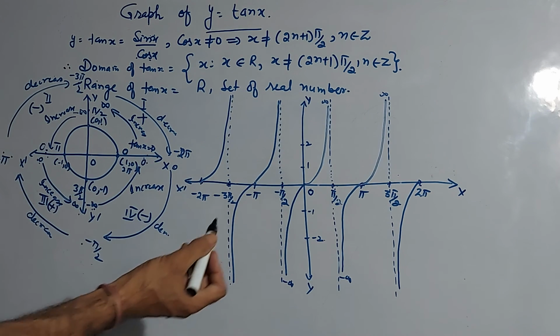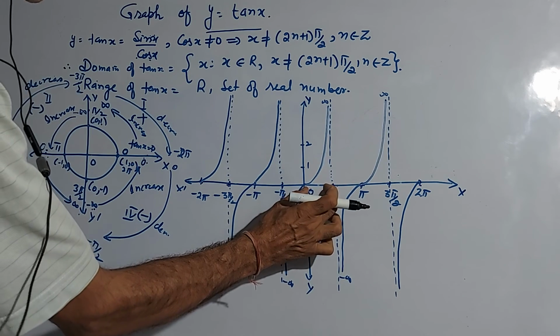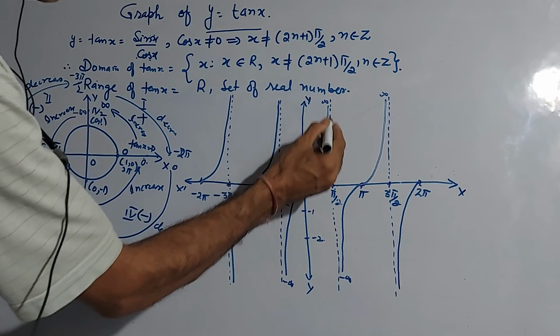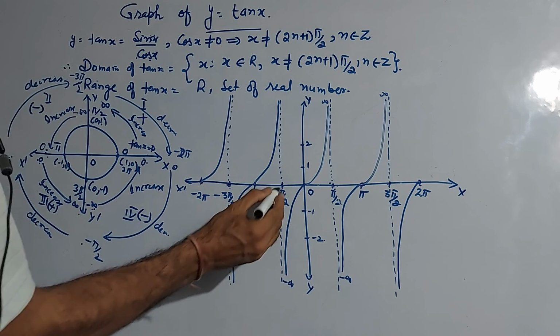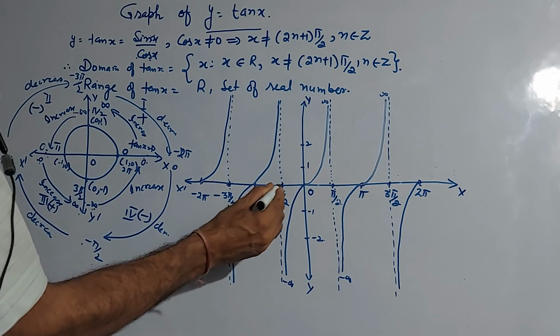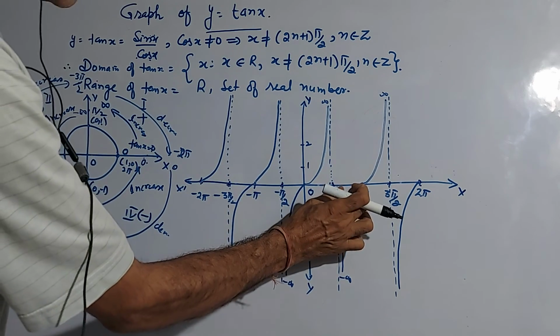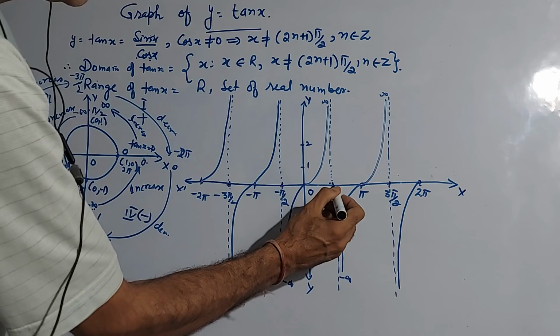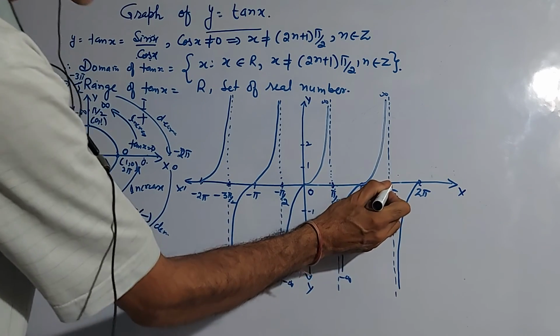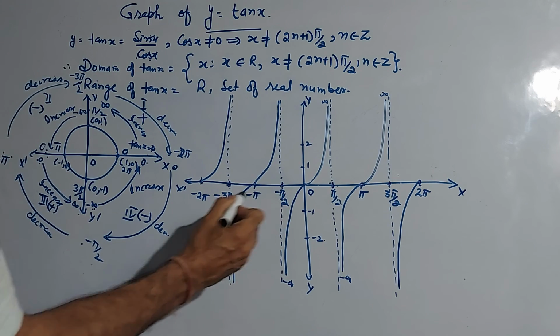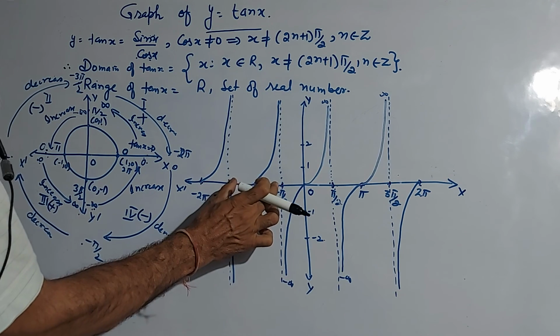From the graph we see here, this part is 90 degrees, this part is 90 degrees. From this to this is a complete curve. So from this point to this, the angle is 180 degrees. And again from this point to this, the total angle is 180 degrees. It means the graph is repeating after 180 degrees.